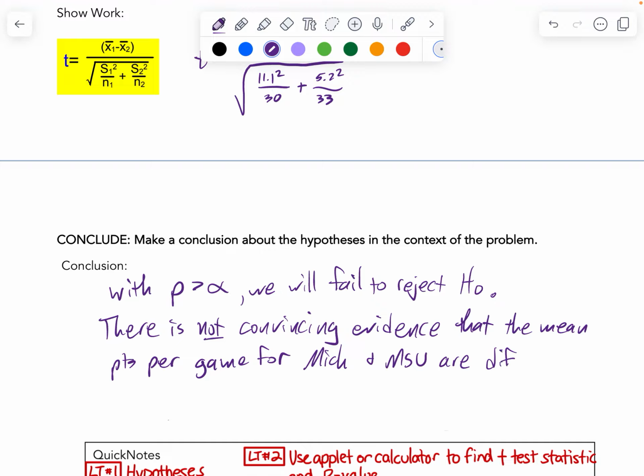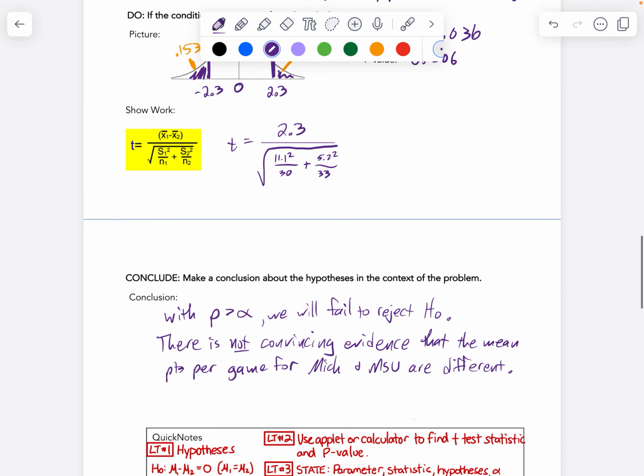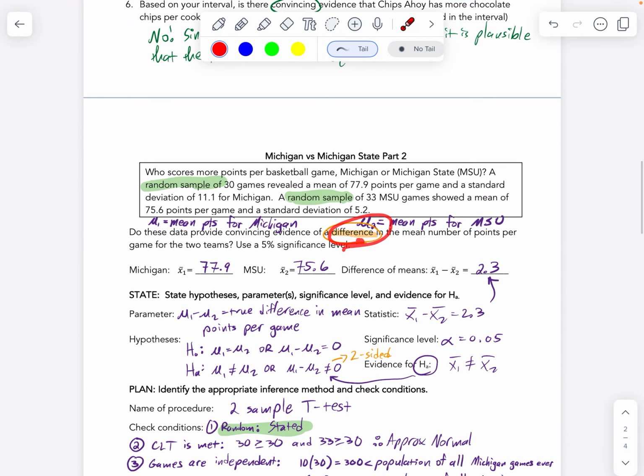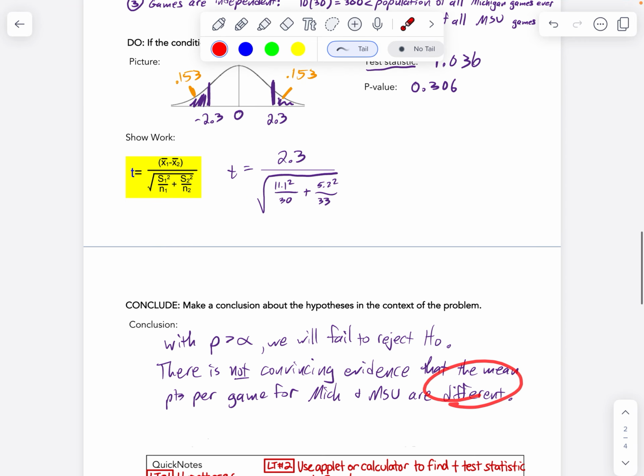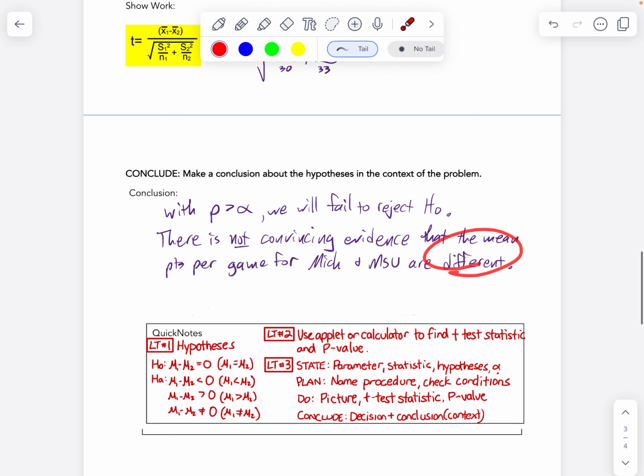Because remember, we're not testing if Michigan's was greater than Michigan State's, right? I'm pulling this from way back up here, that they're not the same. So that is how you would conclude that.